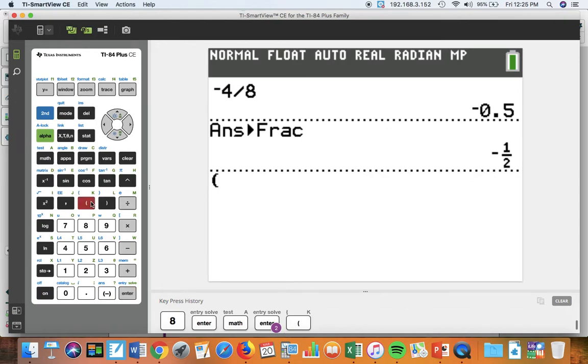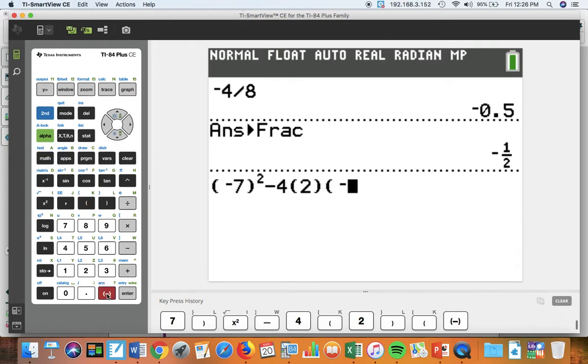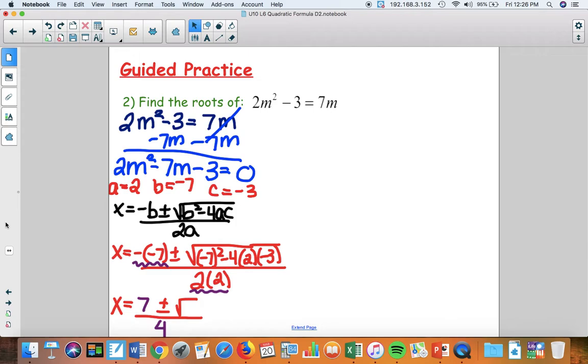You must use your calculator. So we have negative 7, parentheses, negative 7 squared minus 4. A is 2 and C is a negative 3. And we get 73. So underneath the radical goes 73.